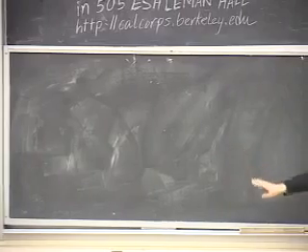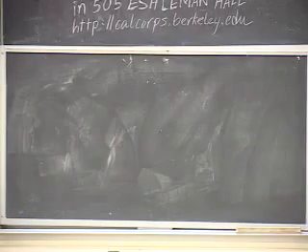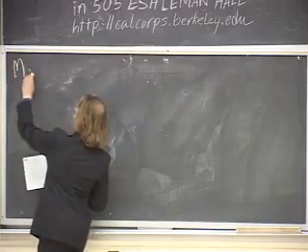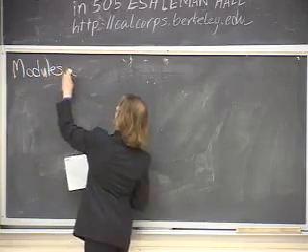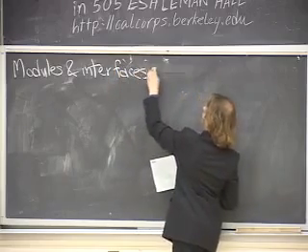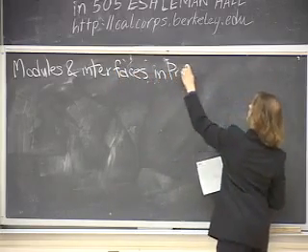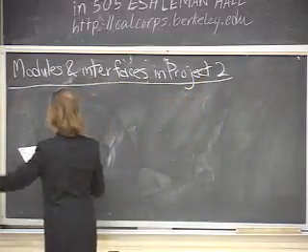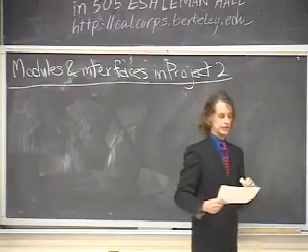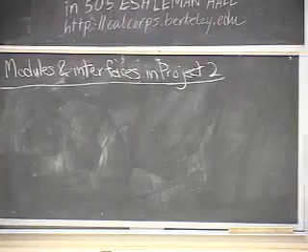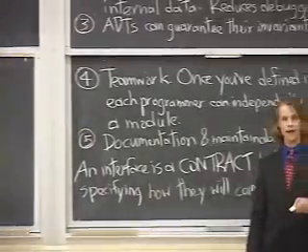So that's the general software engineering talk, and now I want to talk about Project 2 specifically, what you need to do. You are required for Project 2 to divide your programming task up into modules, create well-defined interfaces between them, and document those interfaces in your grader file.